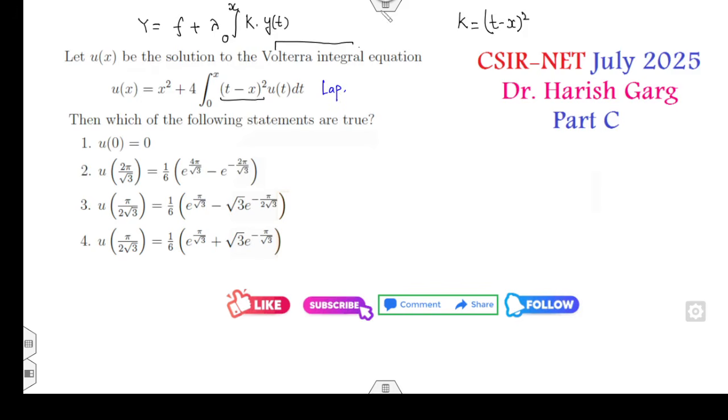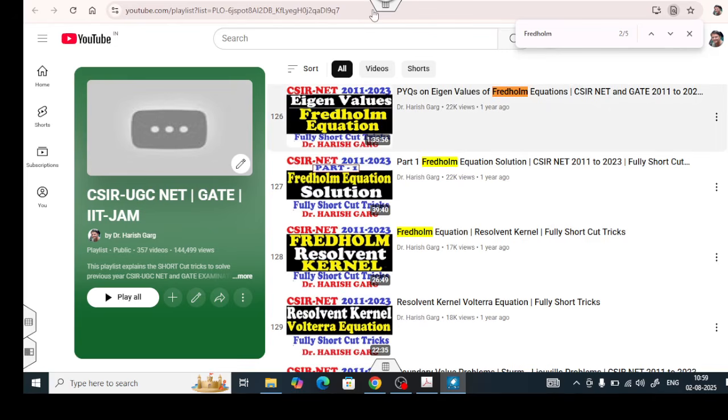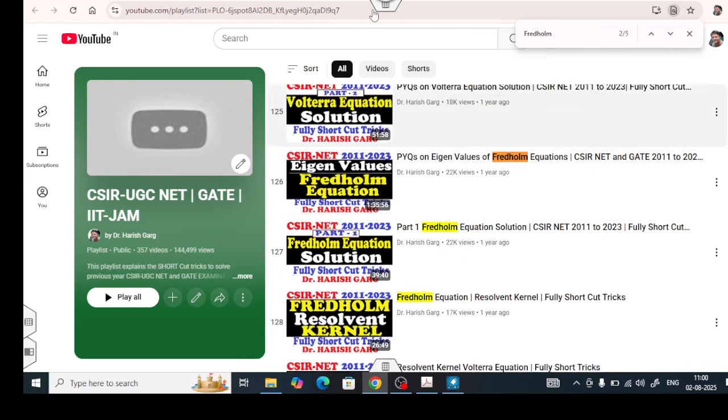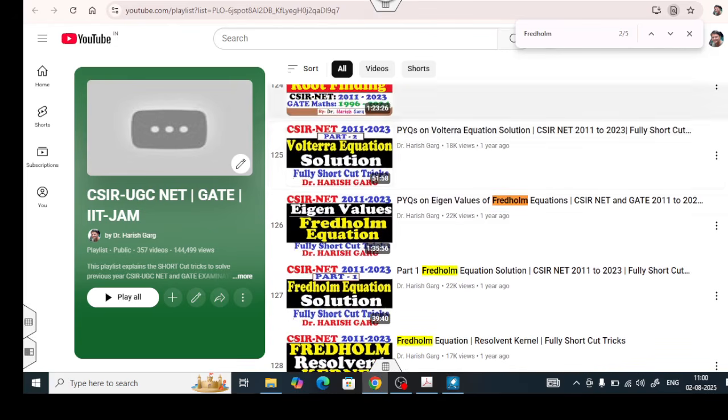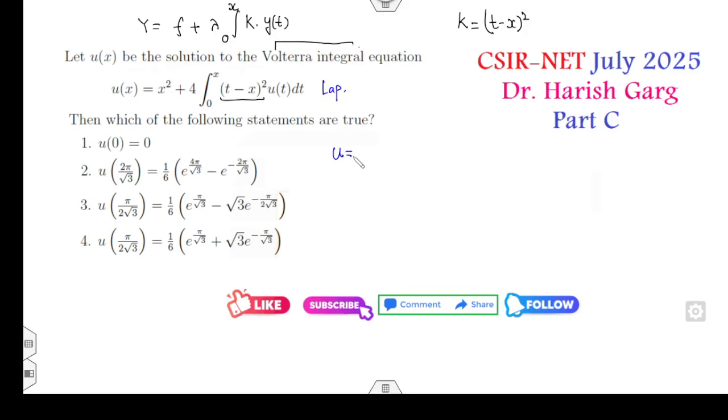So what is the shortcut trick in case of the Volterra equations? This is the Volterra equation solution. The answer u will be the Laplace inverse of the Laplace of f(x), where f(x) is x square, divided by 1 minus lambda, where lambda is 4, into the Laplace of the kernel.